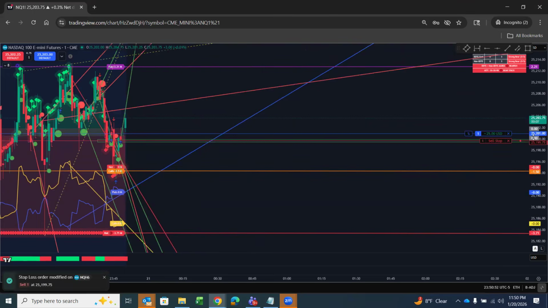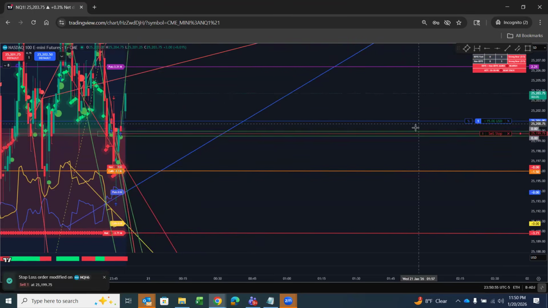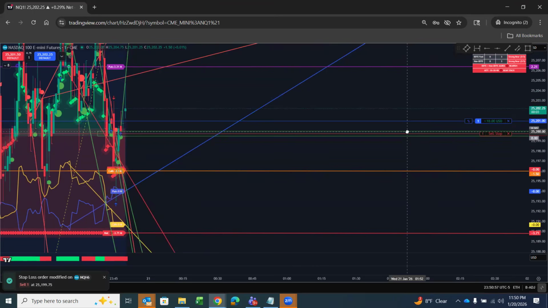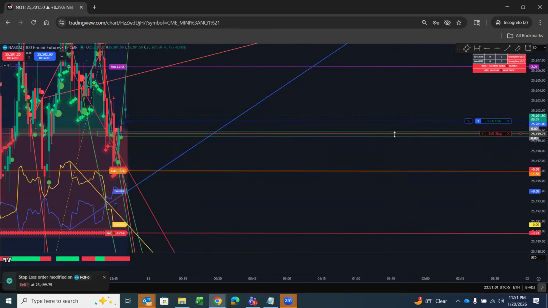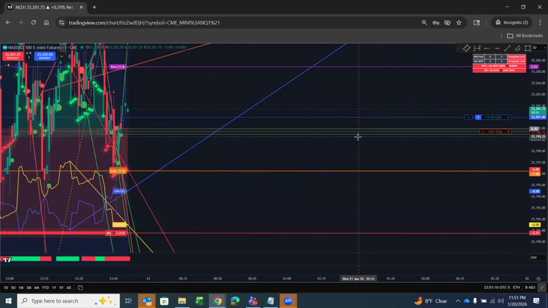I'm gonna put my profit stop loss right at the fair value gap, just in case. I'm gonna give it some room, you know. Actually, I'll leave it right there in the middle.